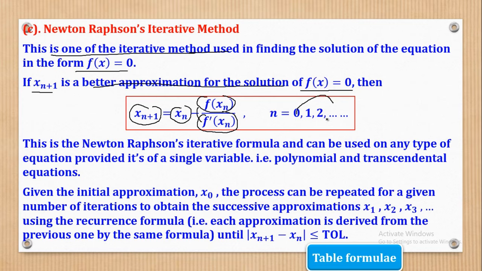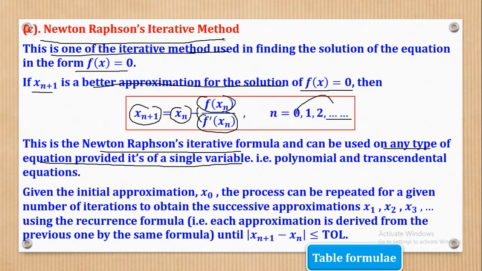So I think you see that we didn't put the limit where n ends, so we shall see how to know where to stop as we are carrying out the iteration. So this is the Newton-Raphson iterative formula and can be used on any type of equation provided it's a single variable. That is why I told you that this is the core, because it is not restricted.